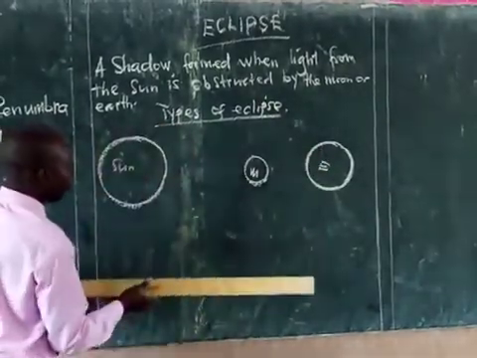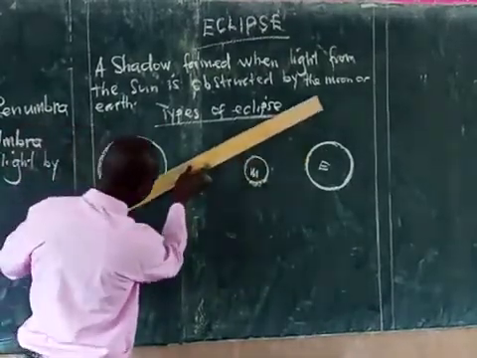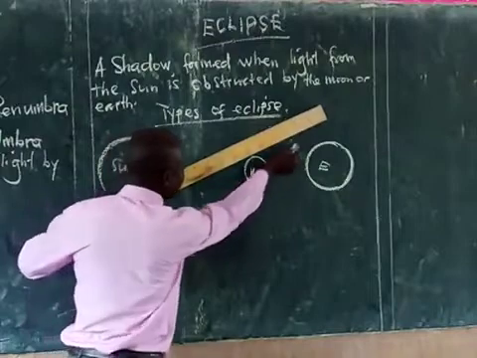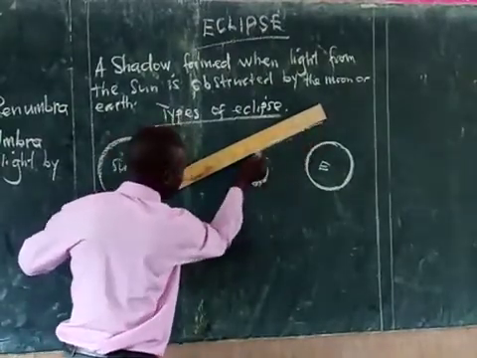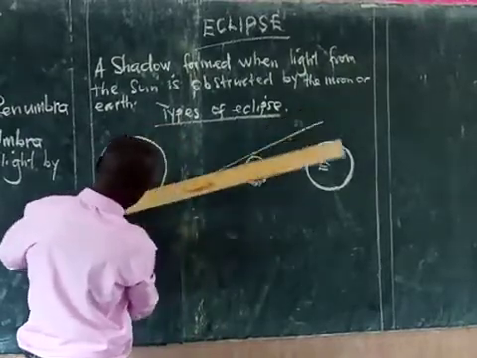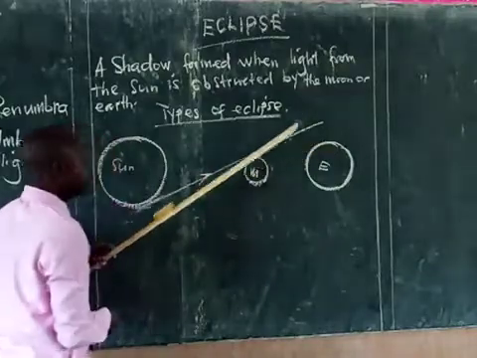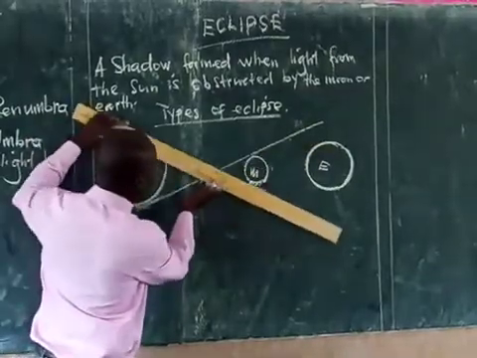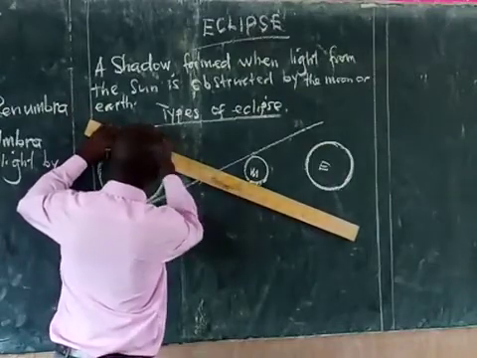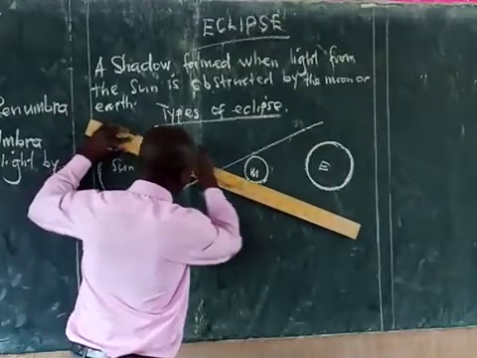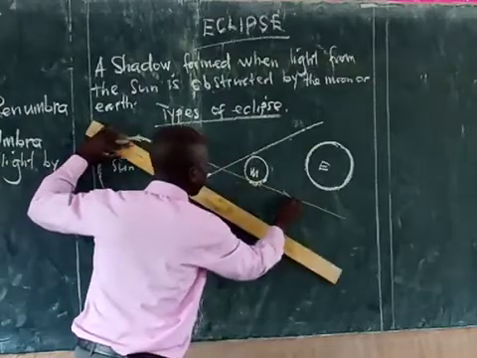We need to know that light from this side can pass here. Light from this side of the moon can pass there. Even light this way can cross and it moves that side. Remember, rays are straight arrows, they must be straight. Light ray from here can travel and pass here.